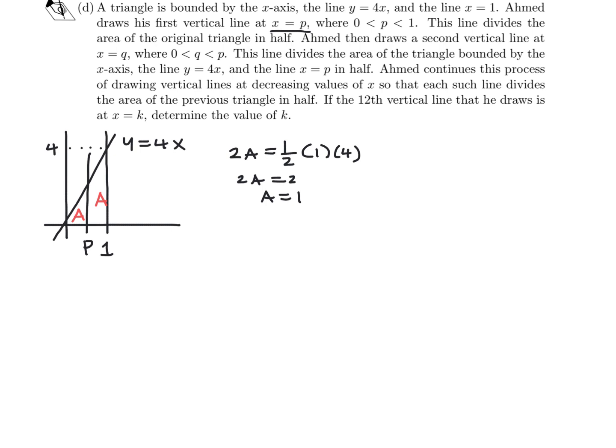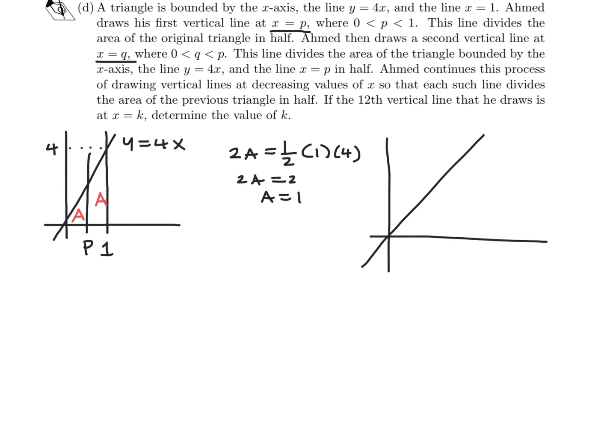Now let's go to q. What they're saying is they do this again, and it's pretty much the same thing. I'm just drawing it again because I don't want to make the diagram too messy.